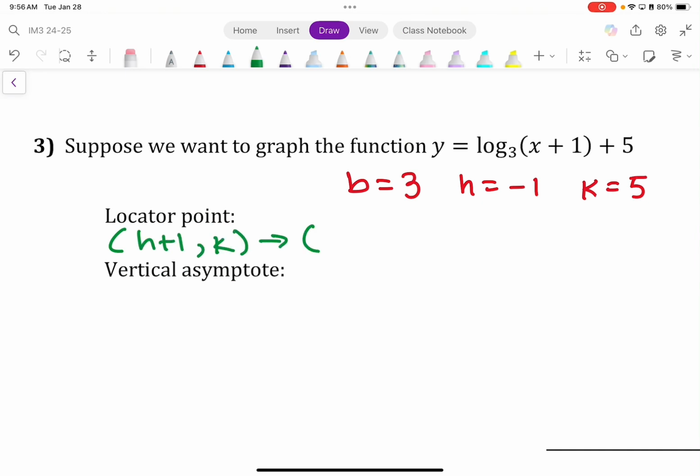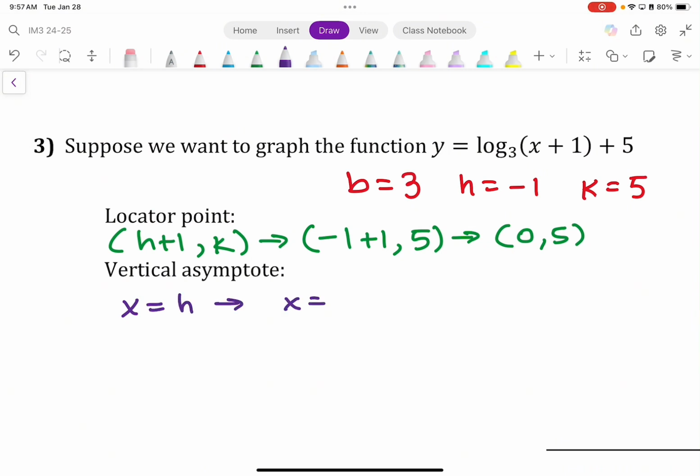So h will be negative 1 plus 1, comma 5, or 0, comma 5. My locator point is 0, 5. Then my vertical asymptote is x equals h, so that would give me x equals negative 1.